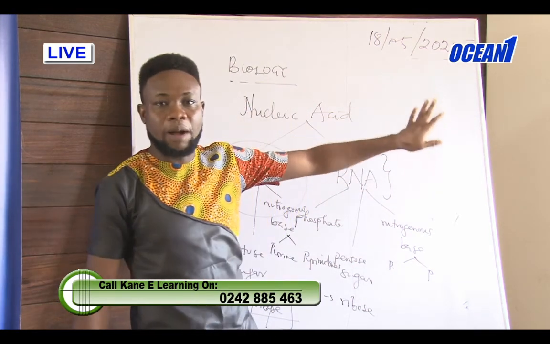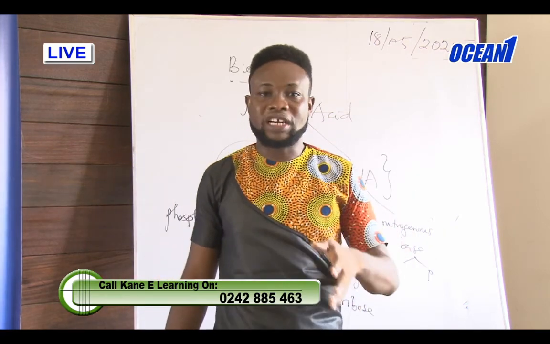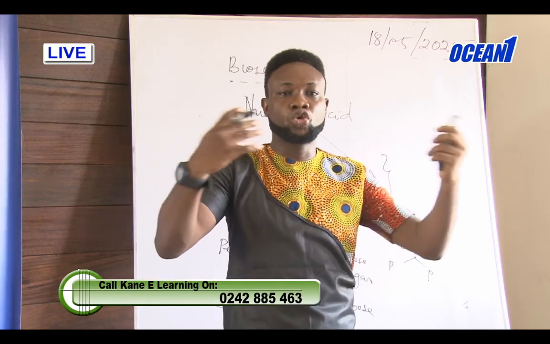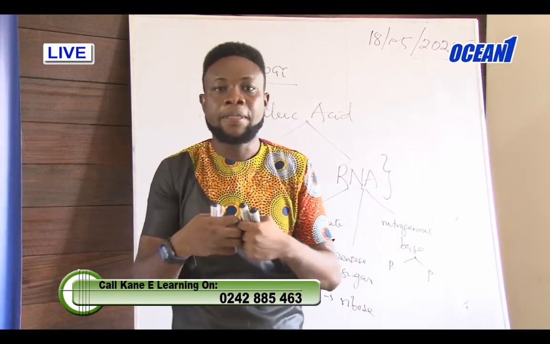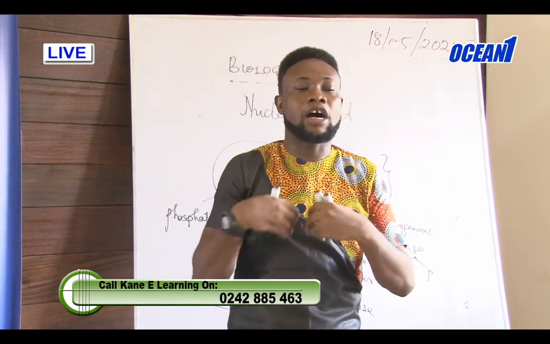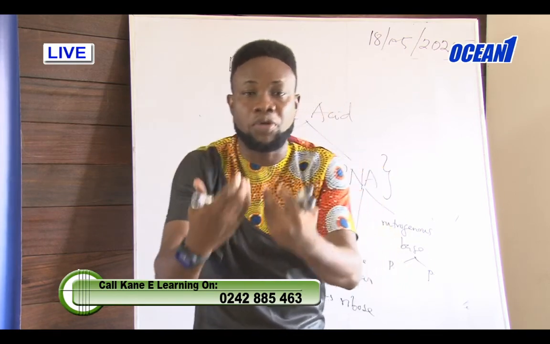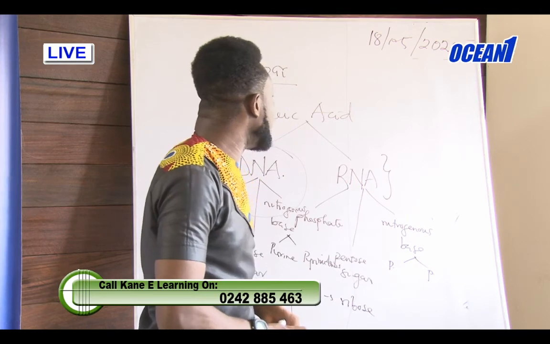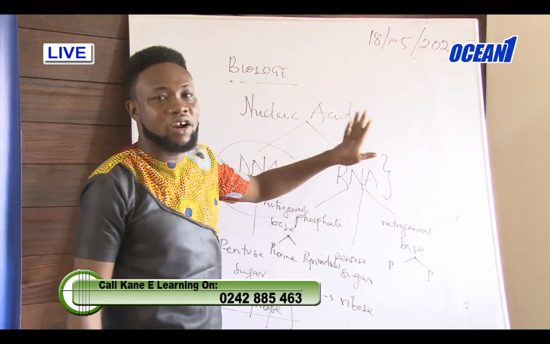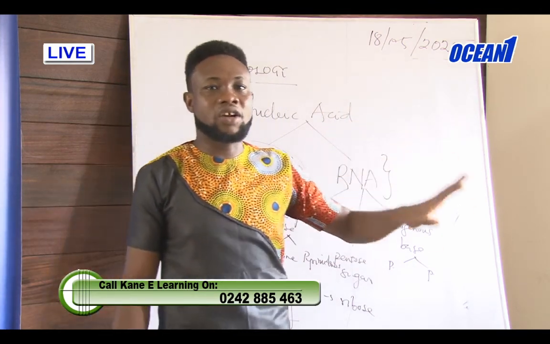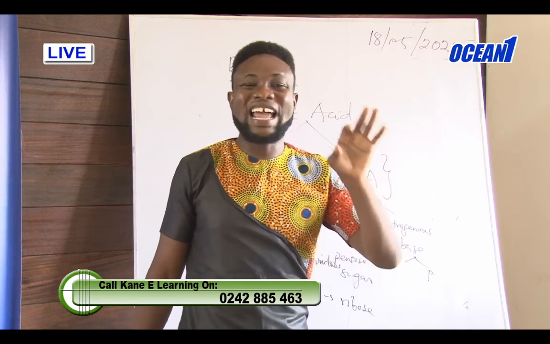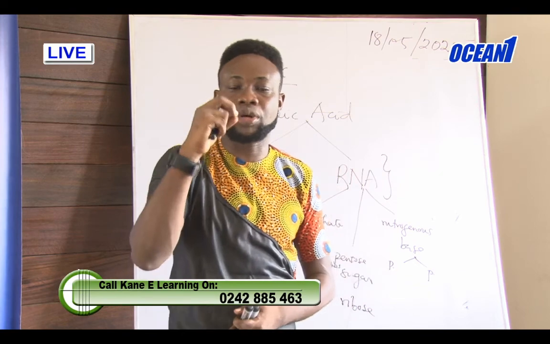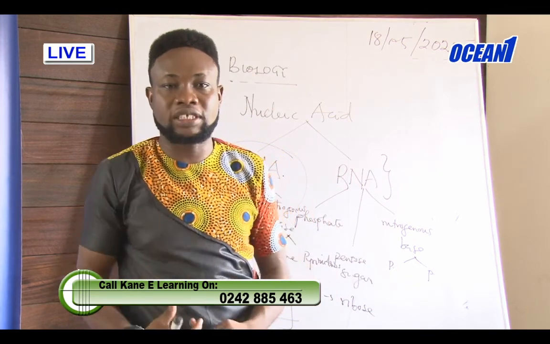Then we talked about the DNA structure. We talked about its double helix strand, and we said that these two strands are held together by a hydrogen bond. Then we said that Watson and Crick played a key role in making us understand the structure of the DNA in modern times.